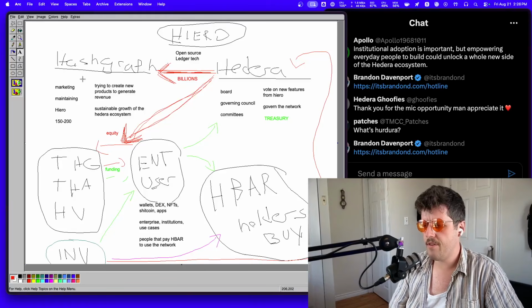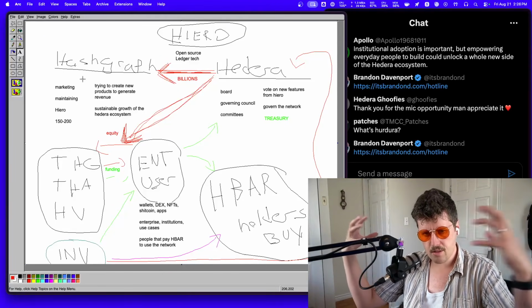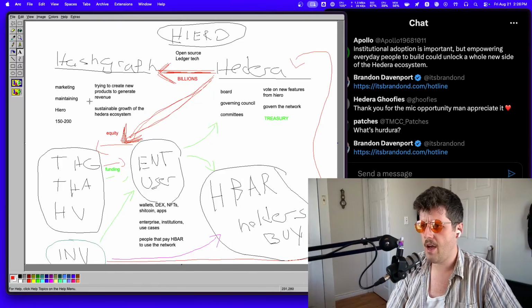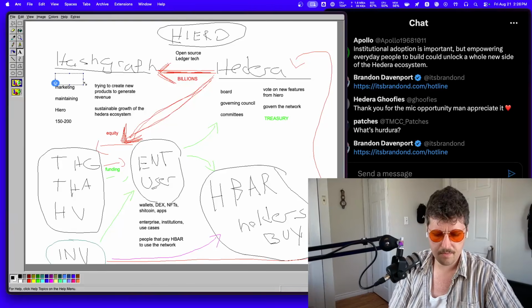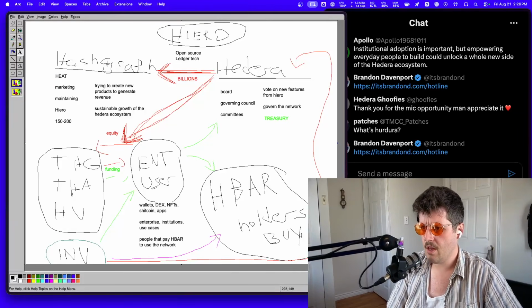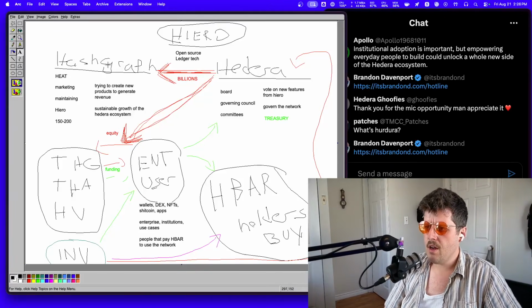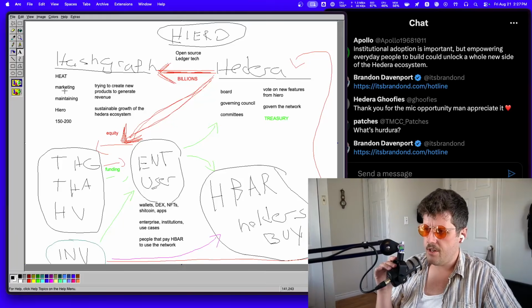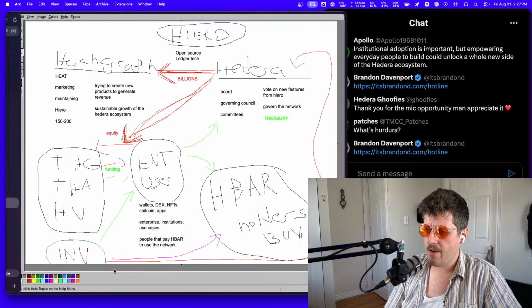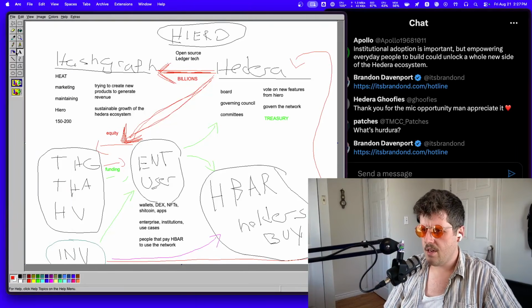Now Hashgraph is where a lot of these things converge, right? We should also add, we should put heat here as well. So Hashgraph then is tasked with becoming self-sufficient, because currently what Hashgraph does is they don't make any money as far as I know yet.